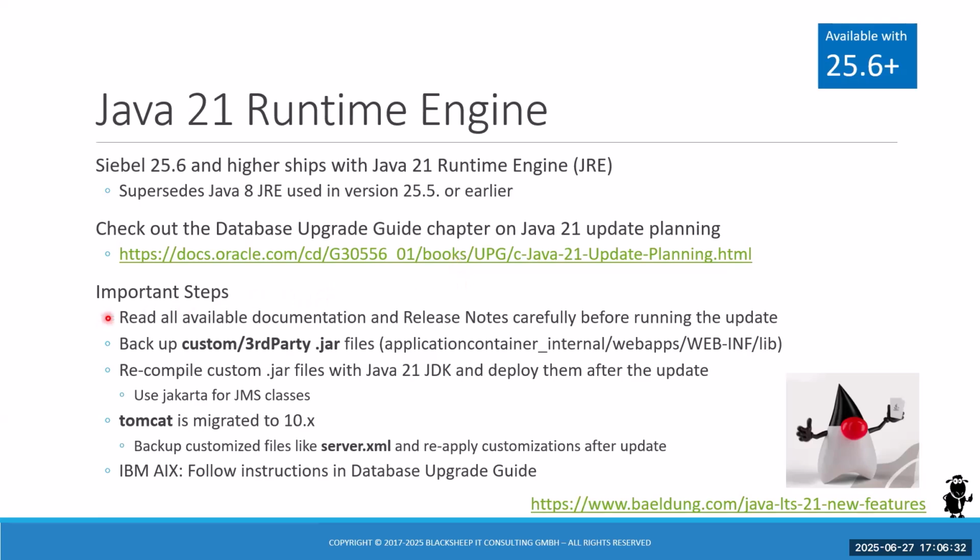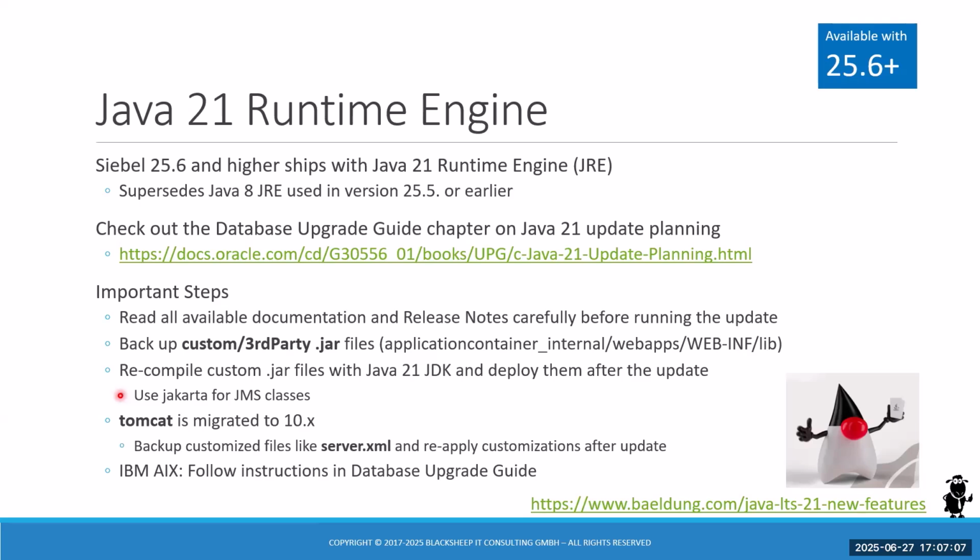So make sure to read all the available docs and release notes, especially the Siebel release notes as they come with the installer. And then take a backup of your third-party jar files and also make sure that you have access to your custom Java code, as you need to recompile it with a Java 21 JDK and put them in the lib folder in your internal application container.